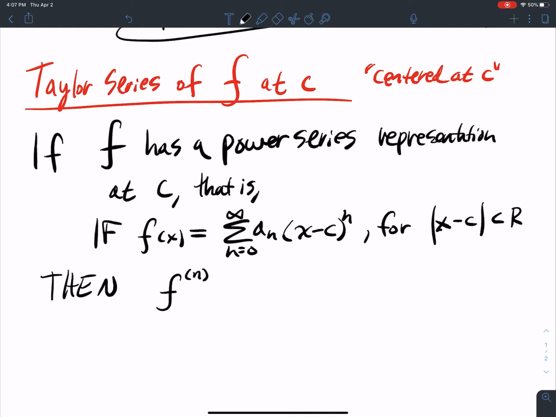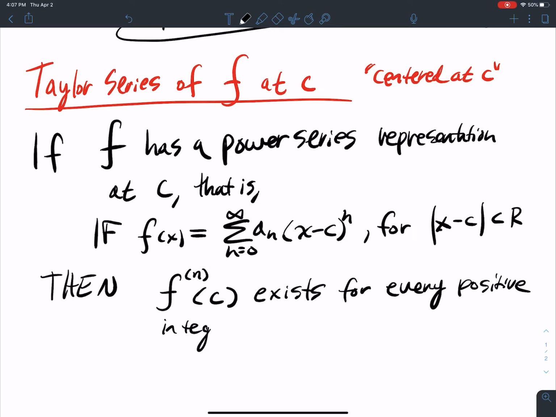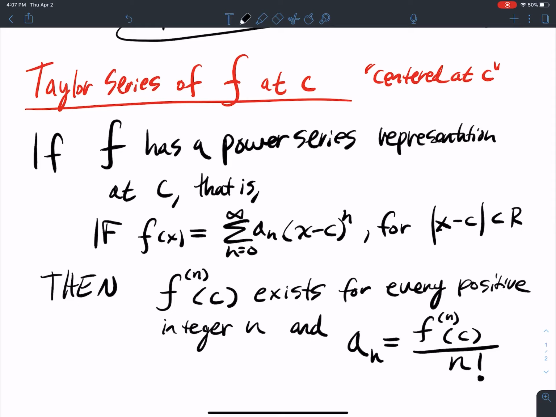The nth derivative of the function f evaluated at c exists for every positive integer n, and the a sub n's are defined to be the nth derivative of f evaluated at c divided by n factorial.